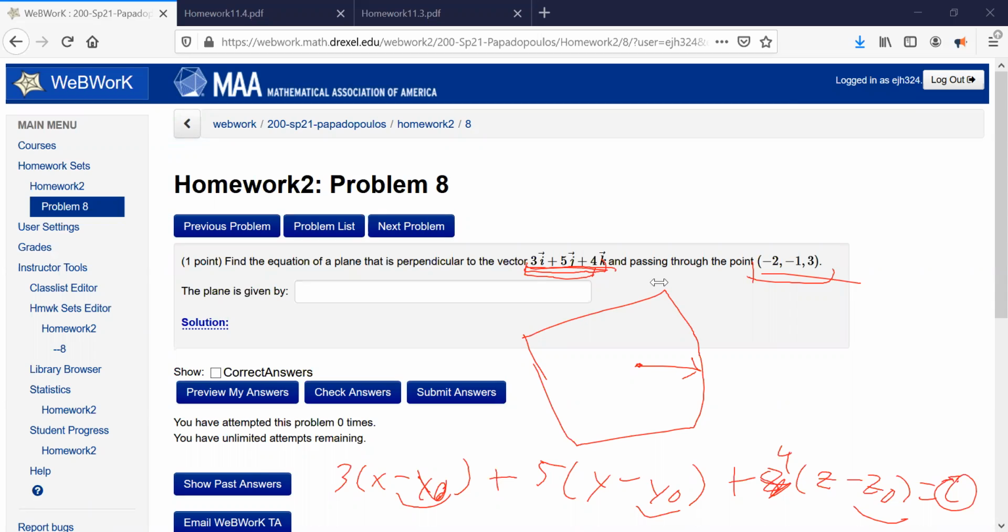Guys, we basically did this trick already. Yes, exactly. Thank you, Josephine. So I just plug in 3 times x minus -2 plus 5 times y minus -1 plus 4 times z minus 3.